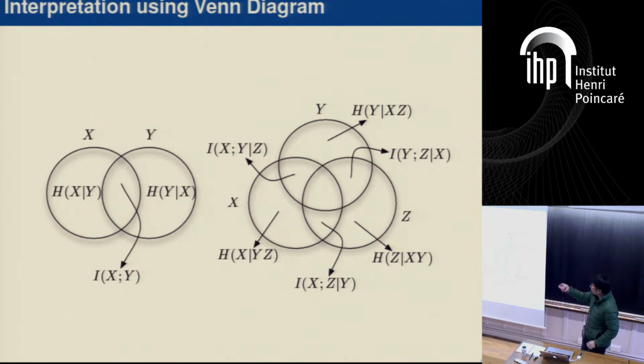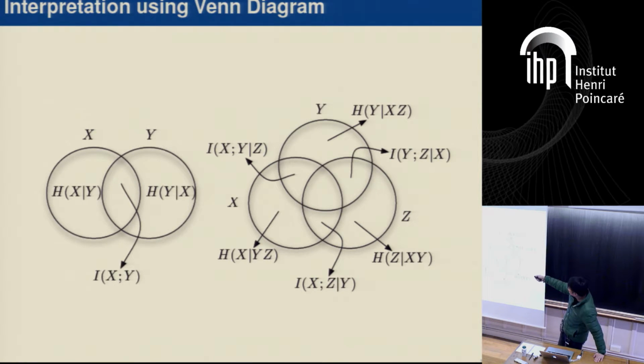But from this Venn diagram, there's something very interesting to see as well. It turns out I can use this Venn diagram to obtain some equalities. For example, you can think of this term as the sum of I(x;y) minus I(x;y given z), so that's this middle term.